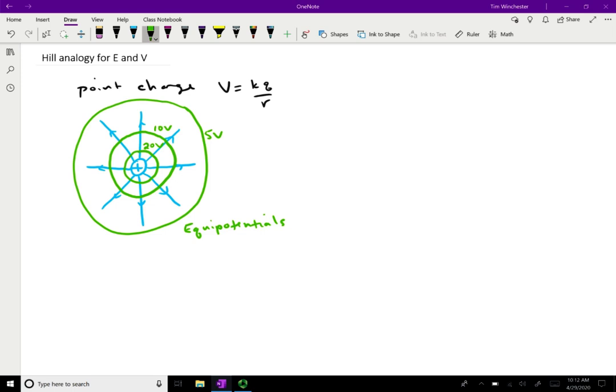A way to think about what this represents is we can think of the potential as being like a hill. So we can think of potential as the elevation. I can draw this same picture in a three-dimensional case.